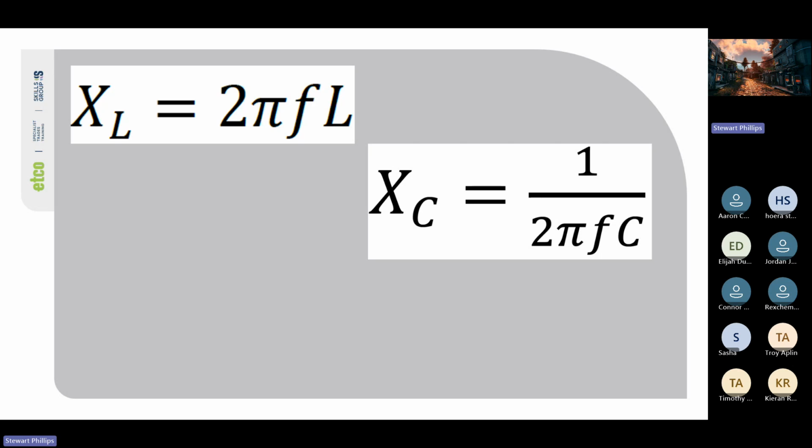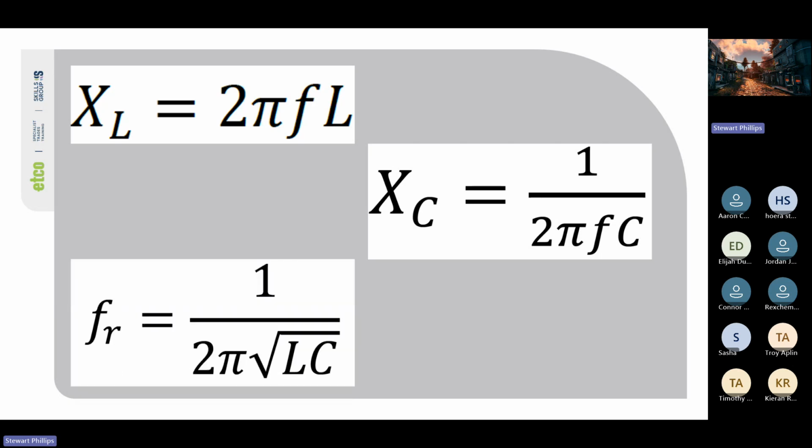At one special frequency, these two reactances are equal, and that's the resonant frequency, written as FR equals 1 over 2 pi square root LC. This is what we're looking for when we're using resonance to tune out certain frequencies. We can use inductors and capacitors at very precise ratings to cancel out certain frequencies when we're doing radio tuning.